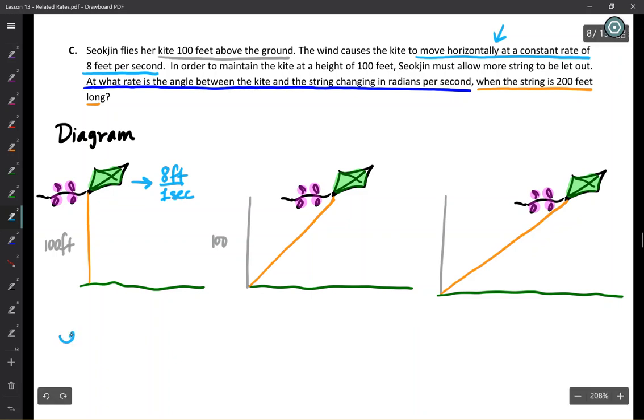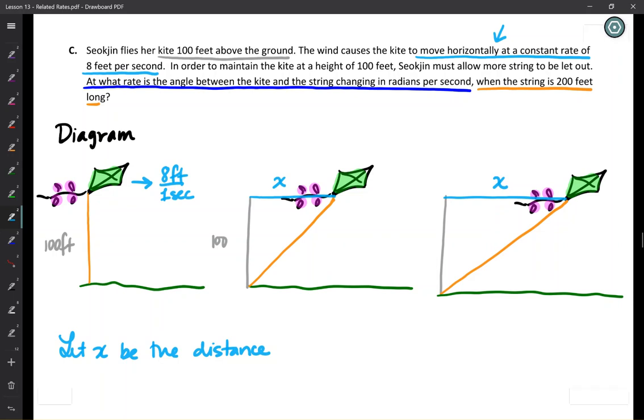I'm going to let x be the distance, and it's fine to say just like the distance as pictured, as opposed to trying to describe maybe the distance that that kite has traveled horizontally since the initial conditions of this story.